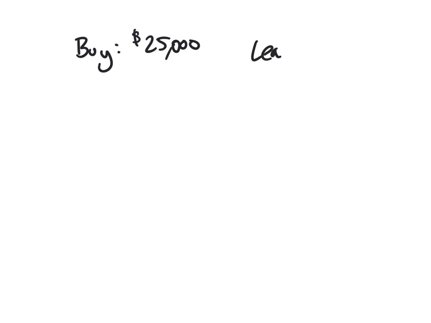If you lease, you pay right away $1,200, but then you're going to pay each month $350. So we're going to say plus $350 times the number of months. If it's just the first month, it'll be $1,200 plus $350. 2 months, it'll be $1,200 plus $350 times 2, and so on.